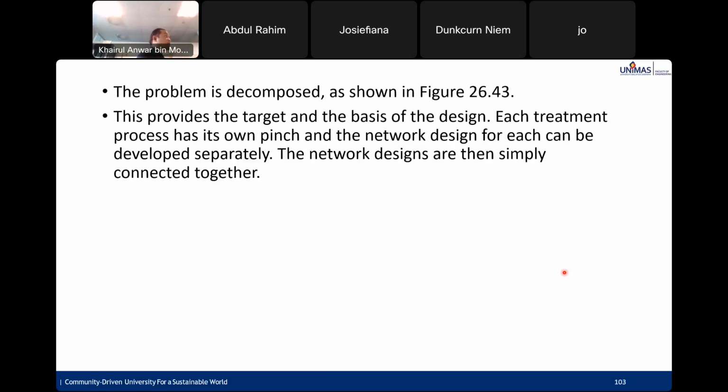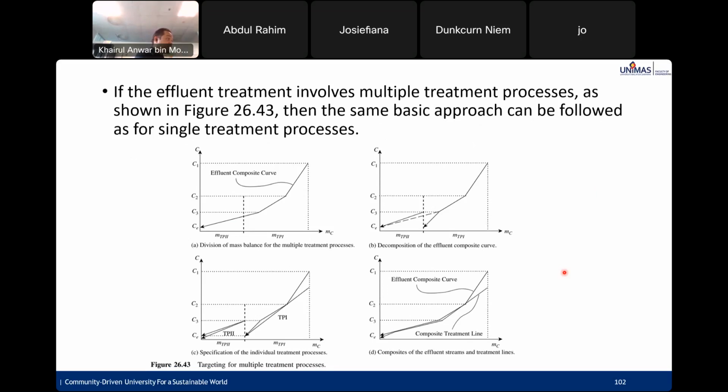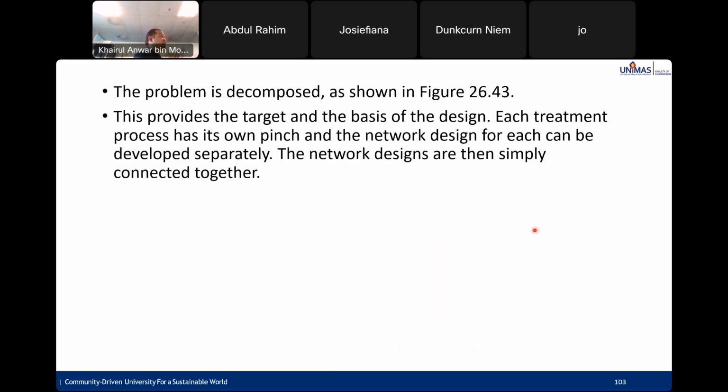The problem is decomposed as shown in figure 26.43b, decomposition of the processes. This provides the target and the basis of the design. Each treatment process has its own pinch, and the network design for each can be developed separately. The network designs are then simply connected.